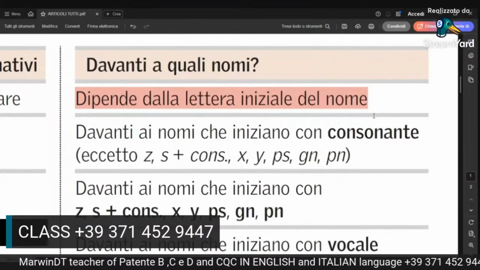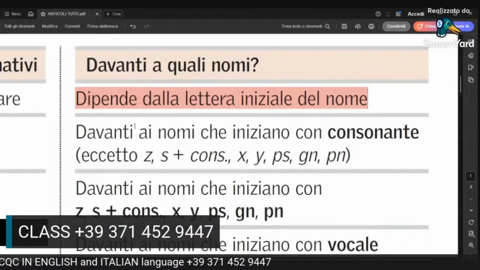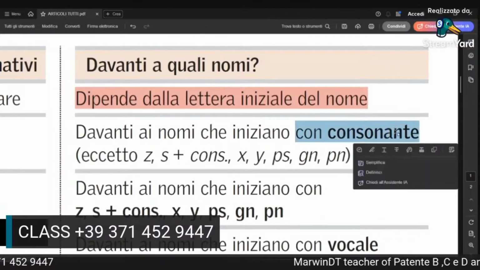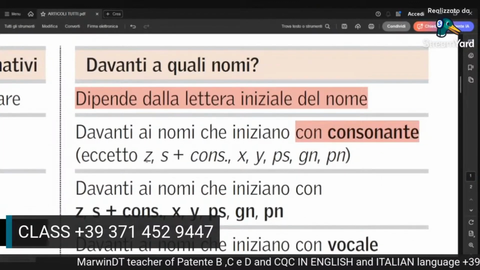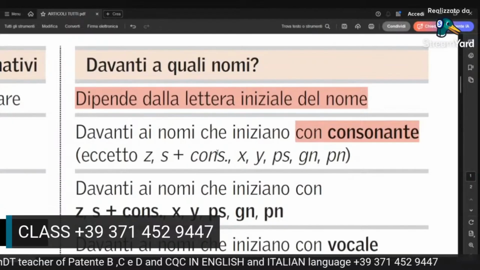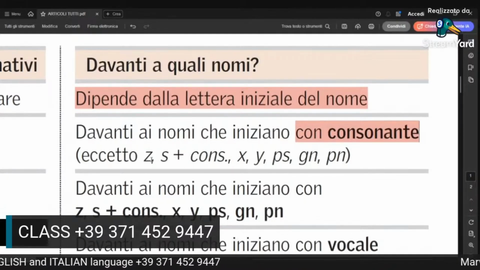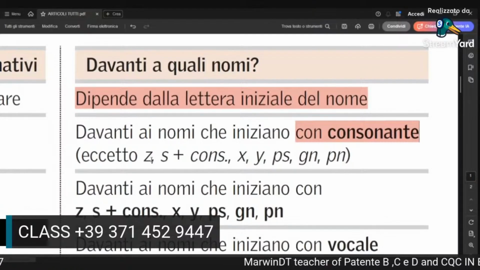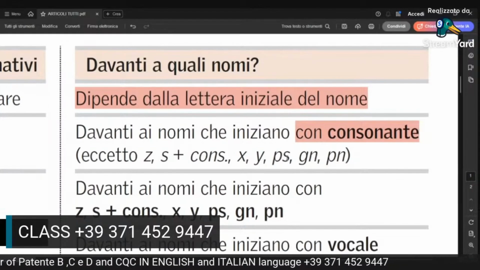So if the first letter of the name starts with a consonant, iniziano con consonante. Start with a consonant, with the exception of Z and S, or X, Y, PS, GN, and PN.